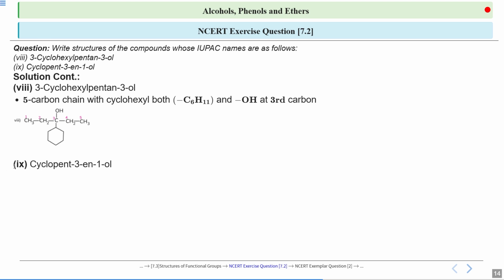Then we have the ninth compound, cyclopent-3-en-1-ol. So again we have pent and cyclo.